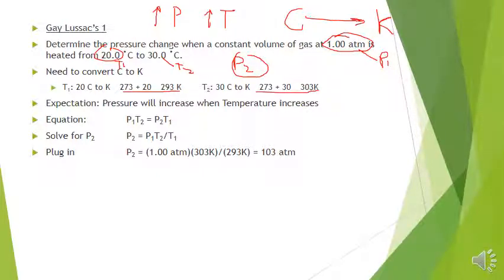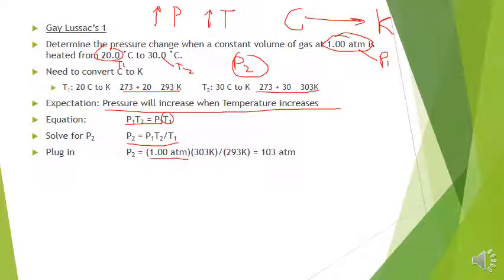I increase the temperature, so I expect the pressure to go up. Here's my equation, and I want to solve for P2, so divide both sides by T1. I get this, and plug everybody in.